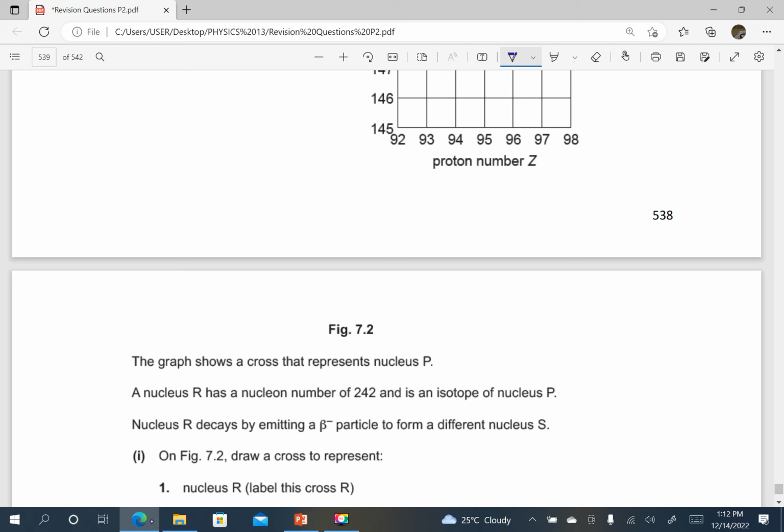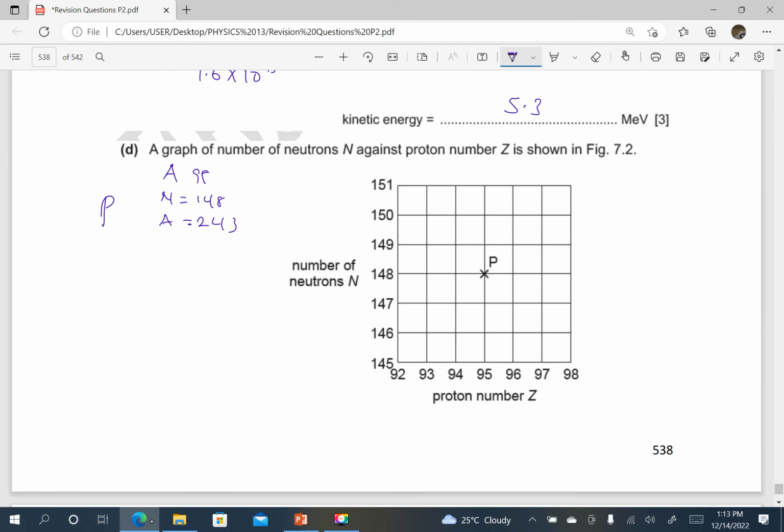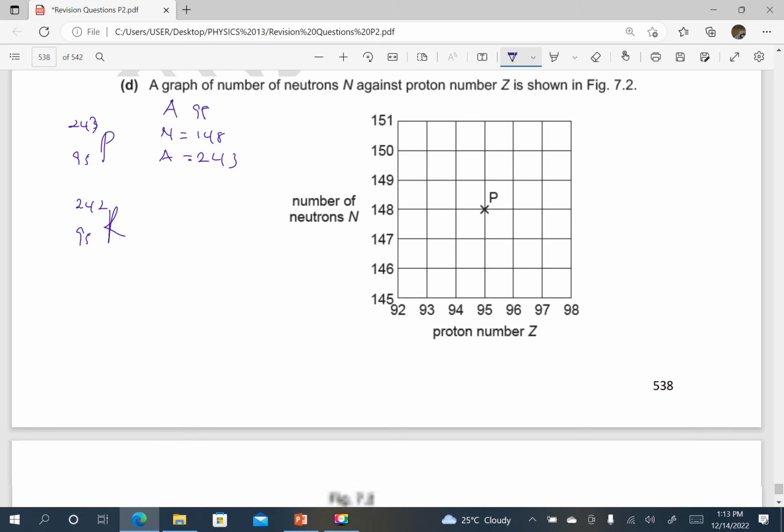A nucleus R has a nucleon number of 242 and is an isotope of P. So P has 243, 95. R is an isotope of P, so they have the same proton number, that is 95, but it has nucleon number 242. So we just look for it.